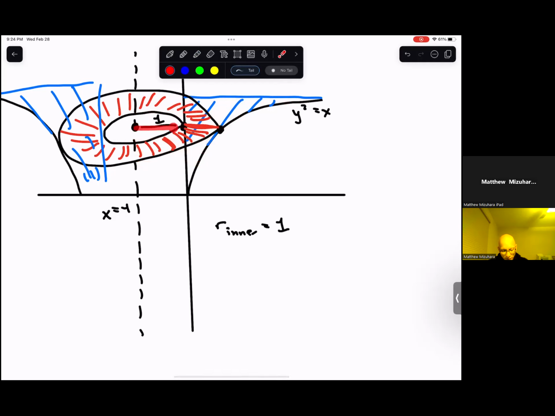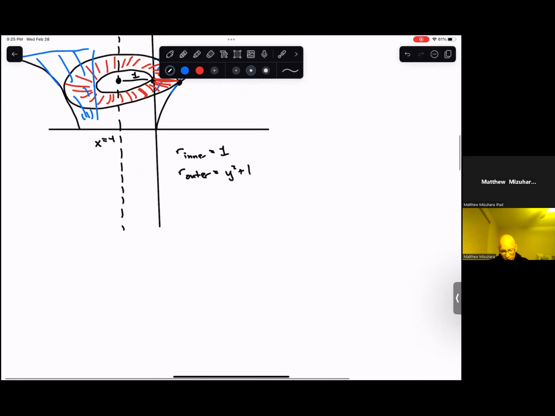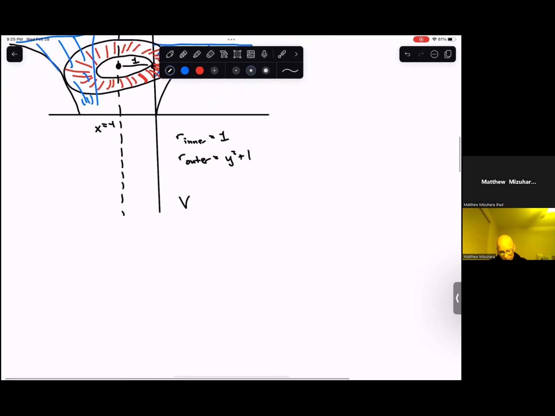Well, y squared is the distance from the curve back to the axis, and I add 1 to that to get back to the center. And so the radius of my outer circle must have been y squared plus 1. All right, once I have those calculated, I'm pretty good to go. I can now set up my volume calculation.